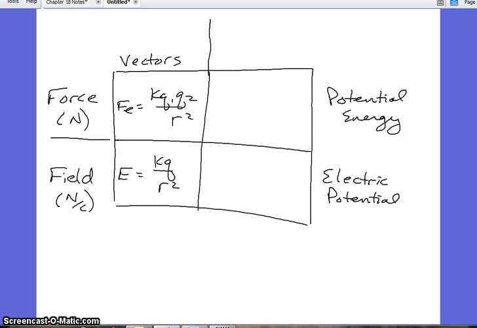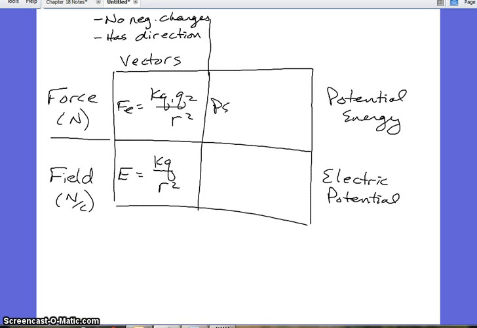Now these equations, I said, do not include the negative charges. Instead, being vectors, we're going to add a direction at the end. So leave off the negatives and then add a direction at the end.